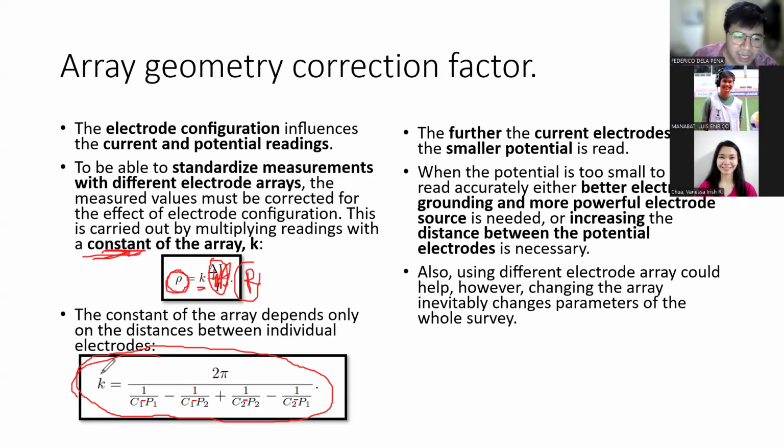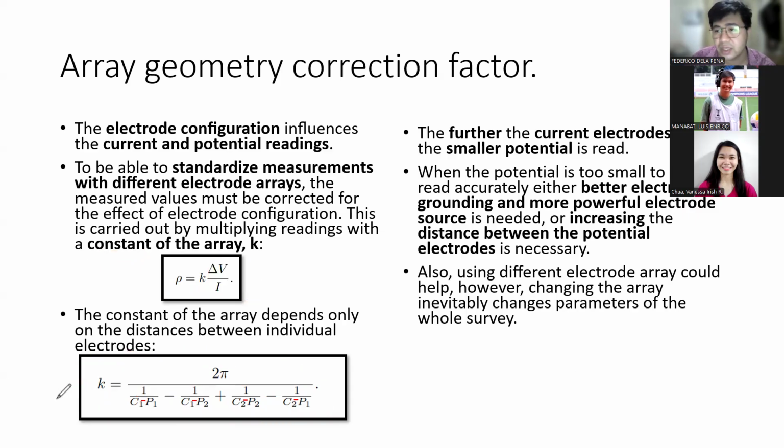Here you can see that K is equal to 2 pi divided by the quantity of 1 divided by the spacing between current electrode 1 and potential electrode 1, minus 1 divided by the distance between current electrode 1 and potential electrode 2, and so on and so forth. I don't need you to memorize that.